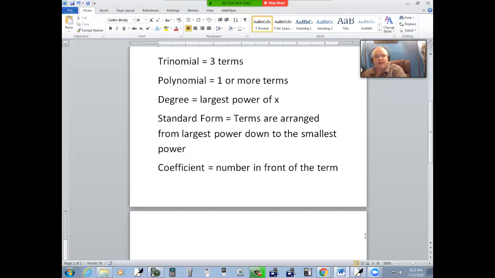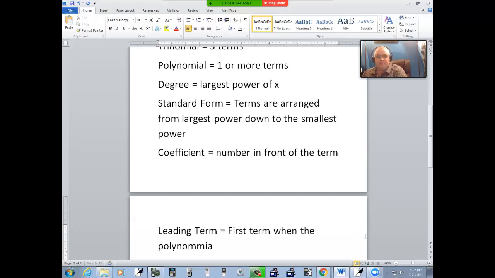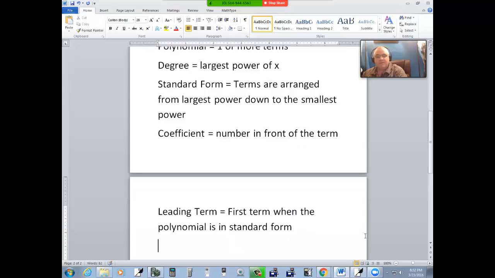Okay. Now we have the leading term. This is your first term when the polynomial is in standard form. You have your leading coefficient, and this is the coefficient of the leading term.